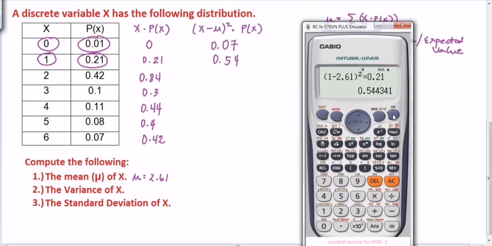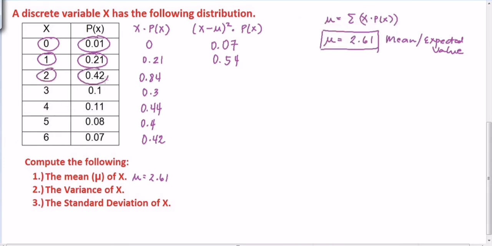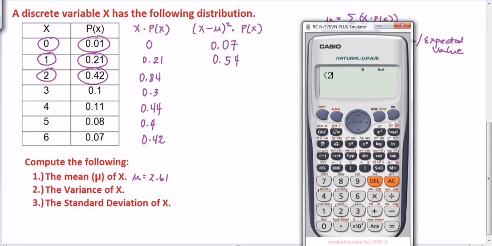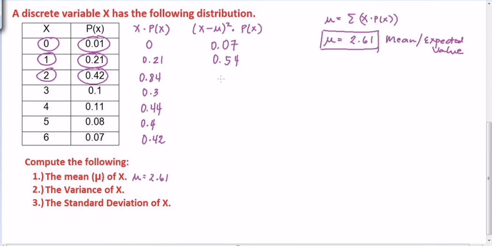Okay? And then, the next one would be, parenthesis, dito na tayo sa 2, tsaka 0.42. So, 2 minus yung mean ulit na 2.61 squared times yung probability niya na 0.42. Ayan, equals nyo. So, the answer is 0.16.